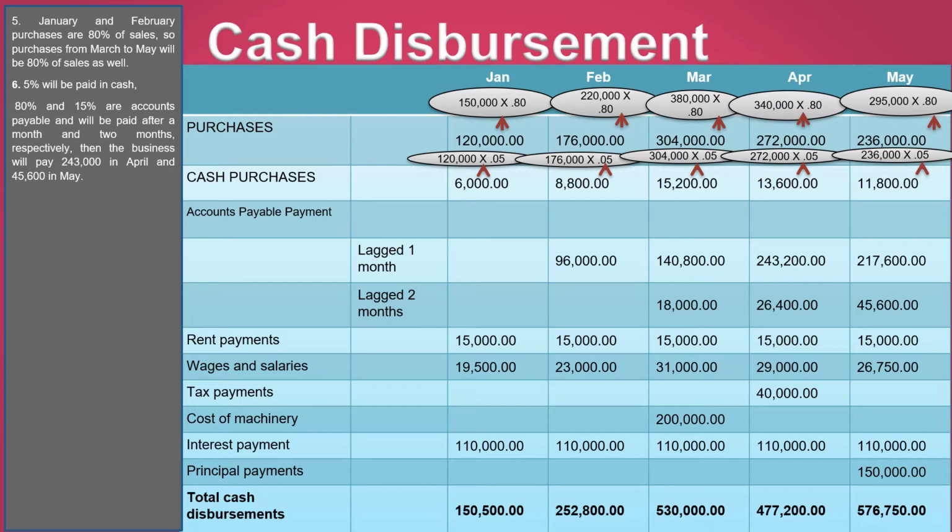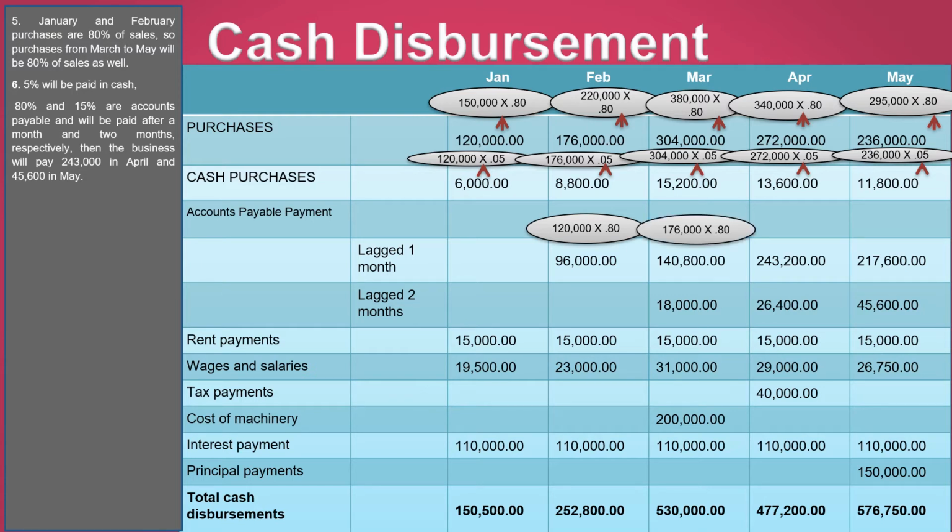So for January, we will pay the 80% of our purchases in the month of February. So 96,000 is the 80% of the purchases from the month of January, which is 120,000.